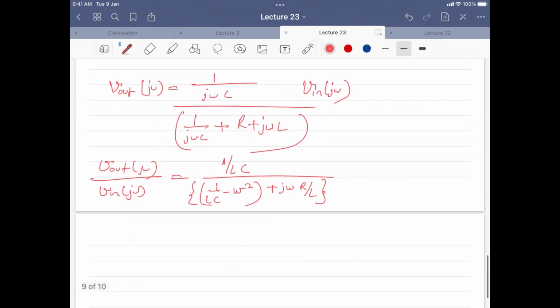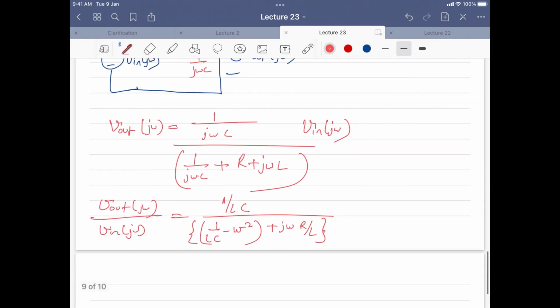It's very simple, just adjustment of complex numbers. There is no rocket science here, it's just manipulation of the numbers. Let me know in the next class if you do not get this answer, but it's very simple.